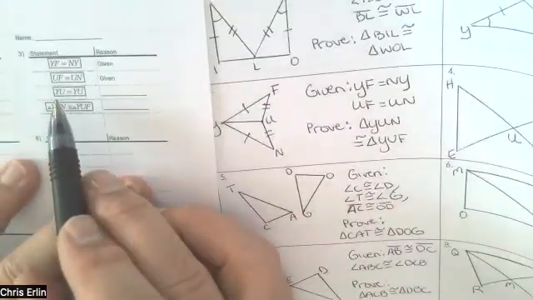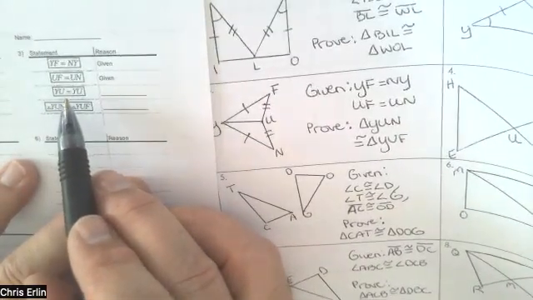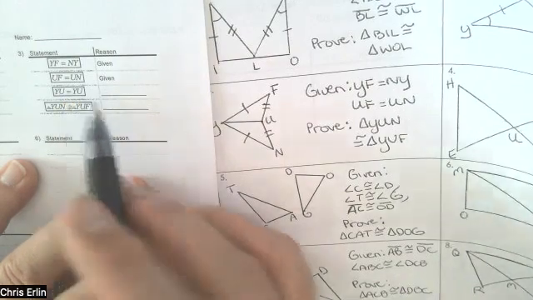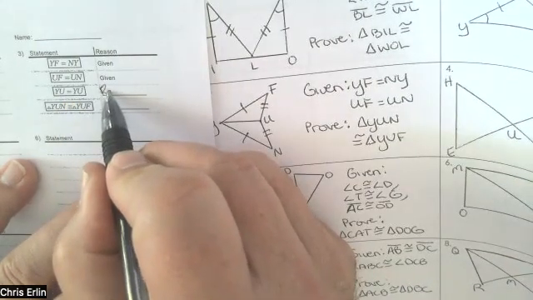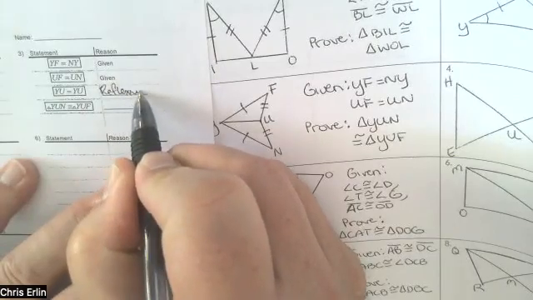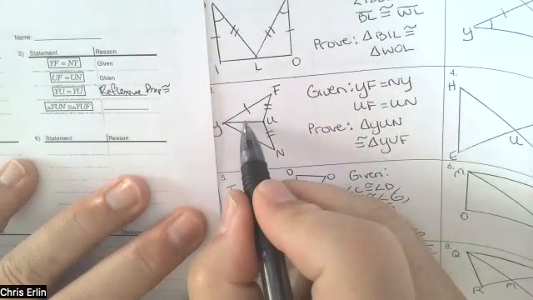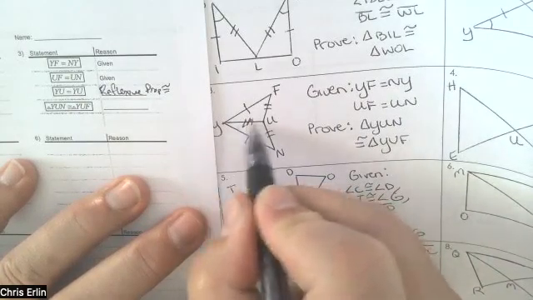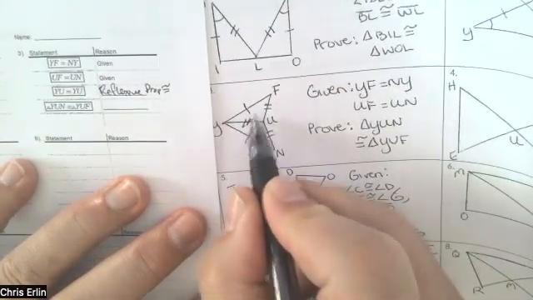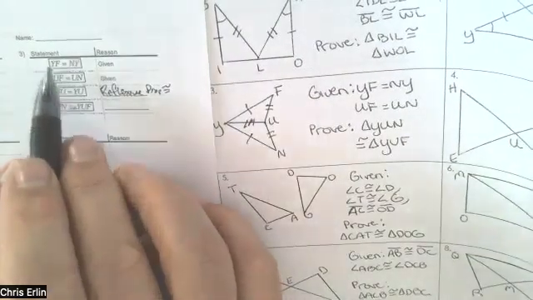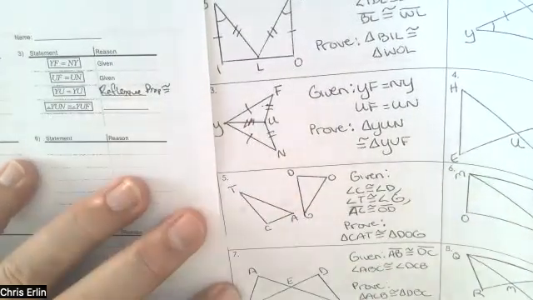And then I suggest that maybe you should do YU equals YU. Why is that true? Nice. Reflexive property of congruence. In other words, this leg here is the same for both shapes. It's shared by both. So I can say YU to mean the left triangle or the top triangle and YU to mean the bottom triangle.